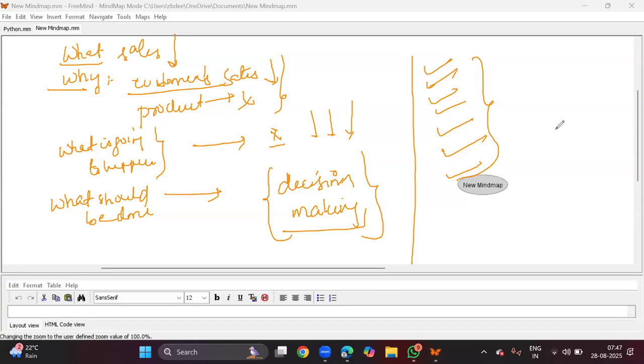Everywhere it is the same. The four stages of analytics will be used to solve all the business problems. Then the solution is coming.